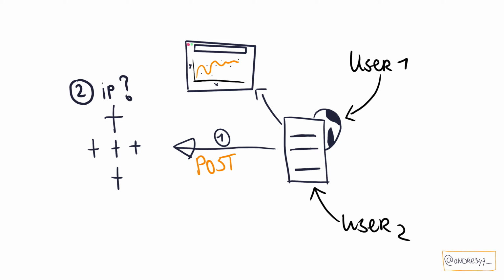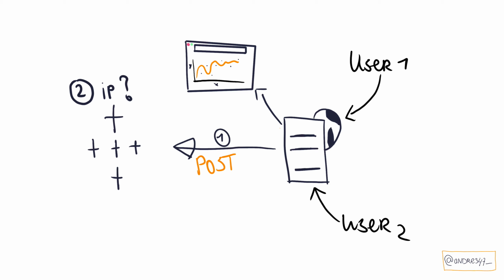But how does Tableau know this particular web server? It actually needs to trust the IP address of the web server. And that's where the thing called trusted authentication comes from.